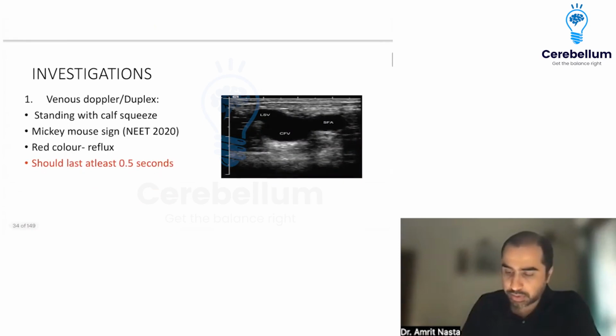So this is the Mickey Mouse. Great saphenous vein, also called long saphenous vein. This is the femoral vein. Next to it is the femoral artery.